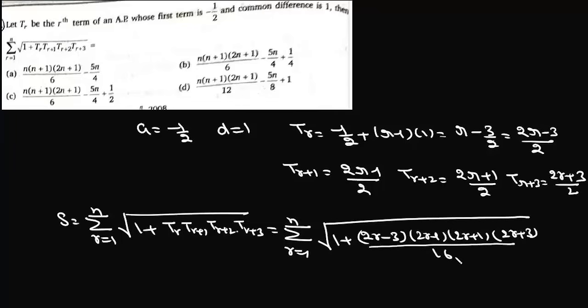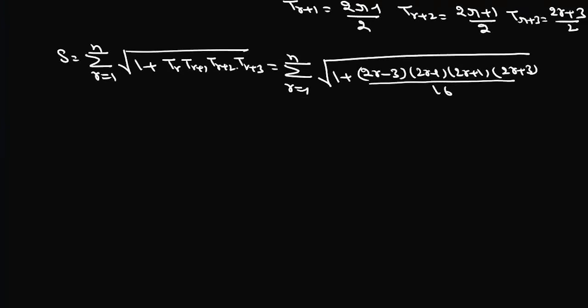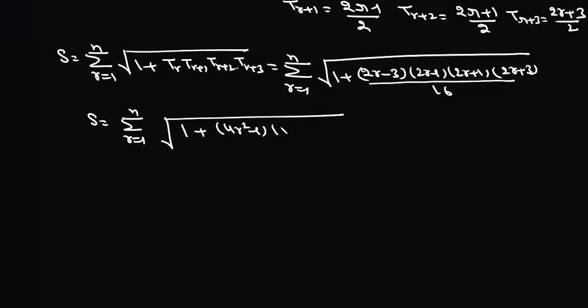Now this is a plus b into a minus b. So we can write this sum as the summation r varies from 1 to n, under root of 1 plus 4r square minus 1 into 4r square minus 9, whole divided by 16.